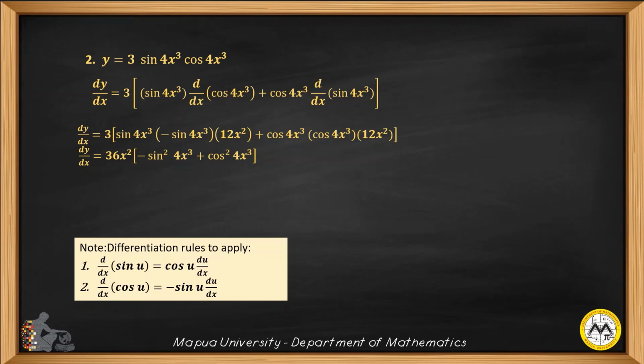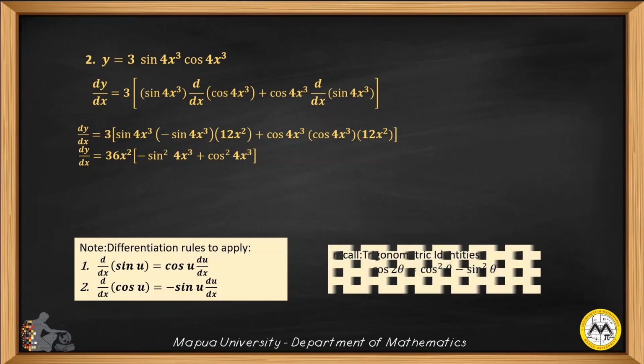Now, dealing with trigonometric expressions, we can simplify this by applying trigonometric identities. In this case, the particular identity that will help us simplify the expression is cosine 2 theta equal to cosine squared theta minus sine squared theta.